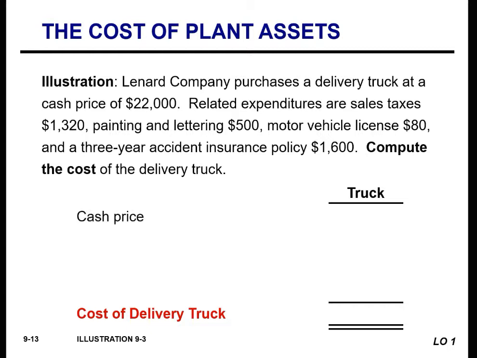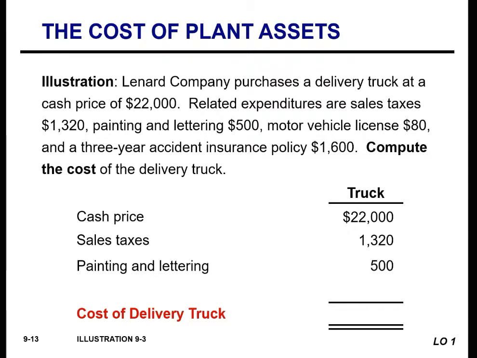Well, first we have that cash price that we paid to actually acquire it of $22,000. We have the sales taxes related to it of $1,320. We had $500 in painting and lettering. For a total of $23,820.